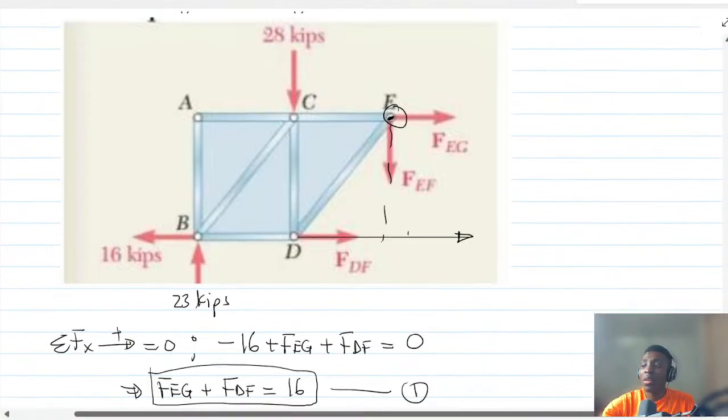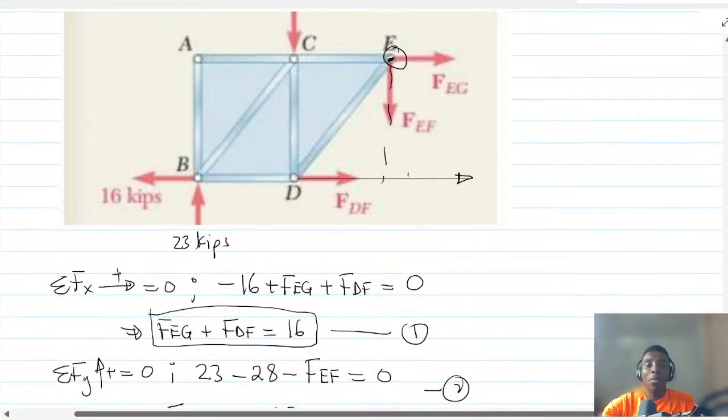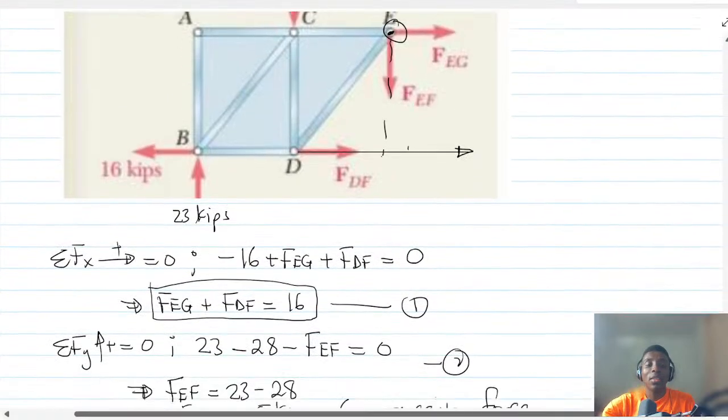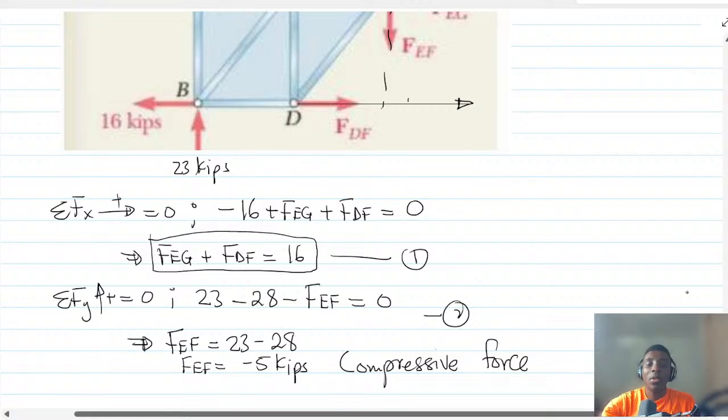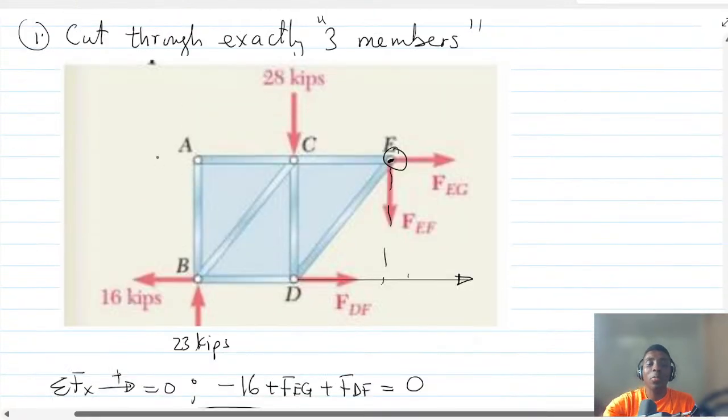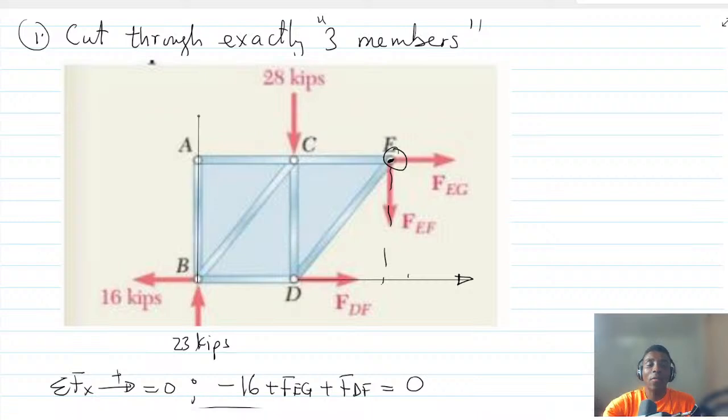And then let's look at the 23 kip. You see that the line of action of the 23 kip is actually in this direction. So we just need a perpendicular distance to this point E. And that distance is going to be 8 plus 8, which is 16.